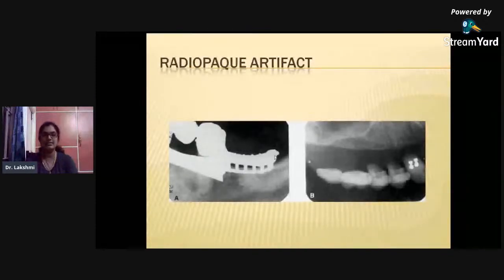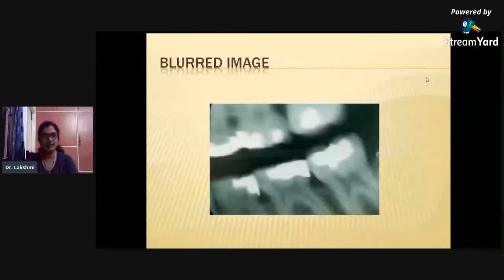If you can see in this picture, this is a prosthesis and this is a tooth jewel. Okay, next, blurred image. What happens when the patient moves, or the cone moves, or the X-ray film is moved? There is a blurred image.